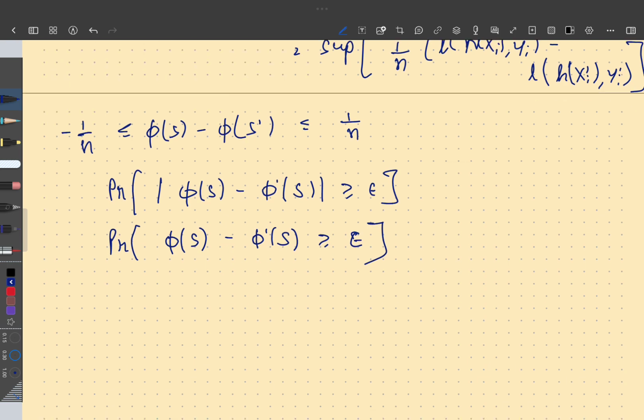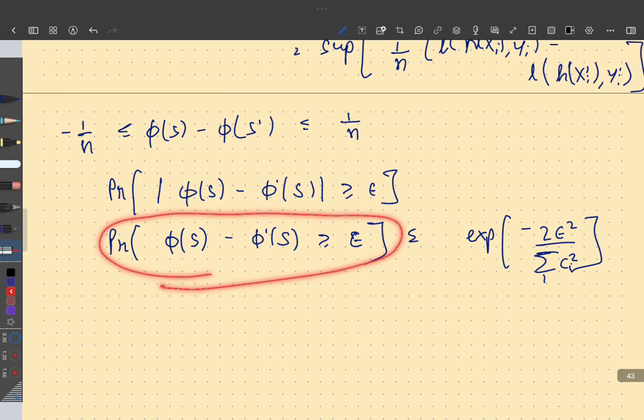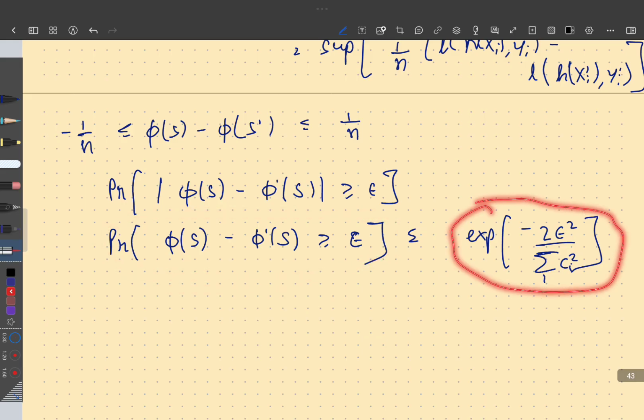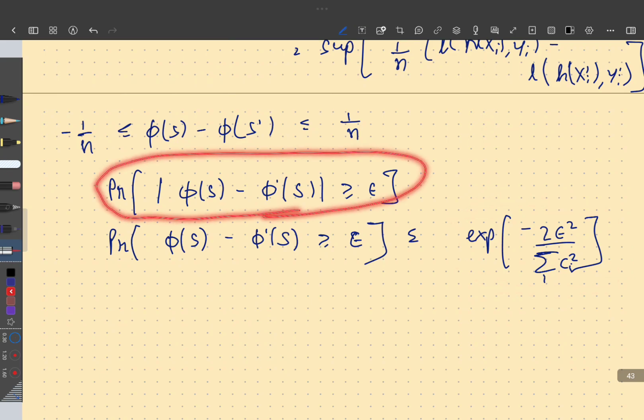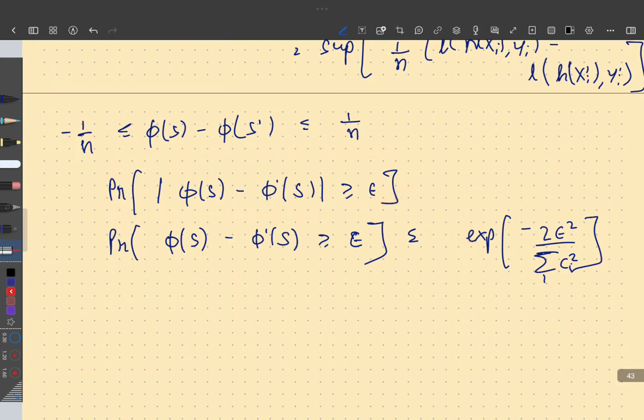So this quantity, just by using McDiarmid's inequality, is upper bounded by e to the power minus 2 epsilon square divided by the summation of ci square. Because I'm using a one-sided tail bound, on the right hand side I just have e to the power of minus this quantity. If I wanted a bound on the entire absolute quantity, there would be another 2 sitting over here.